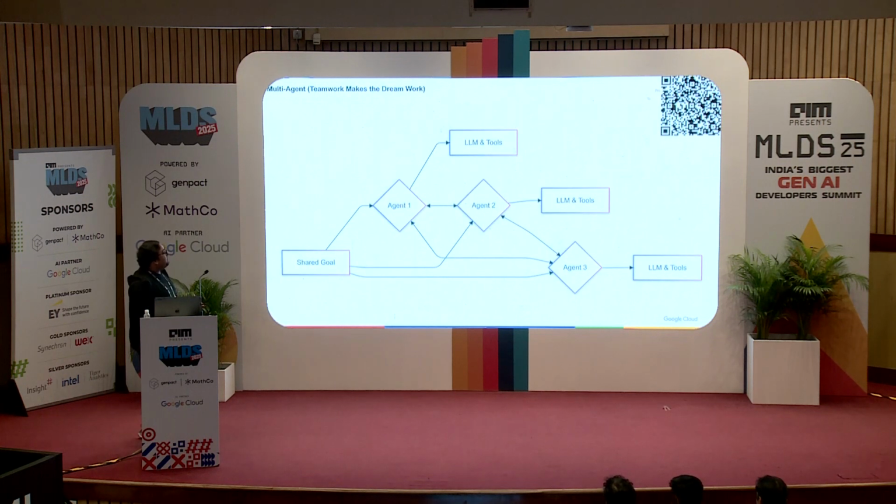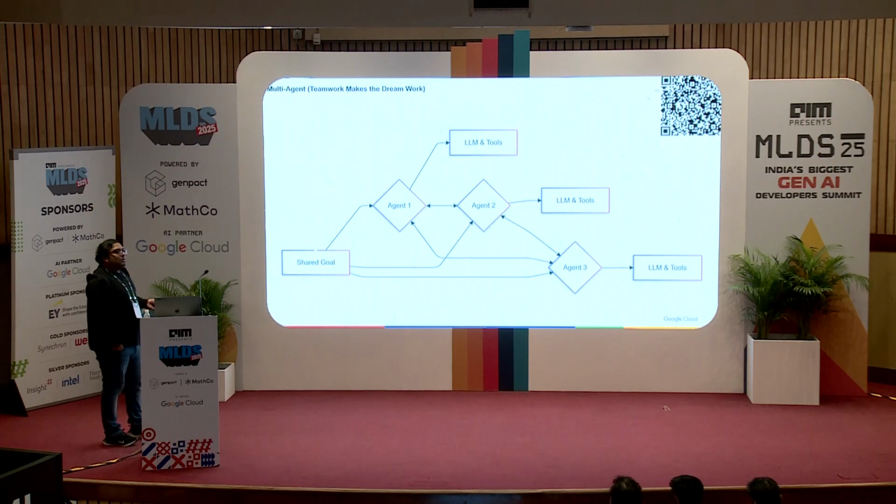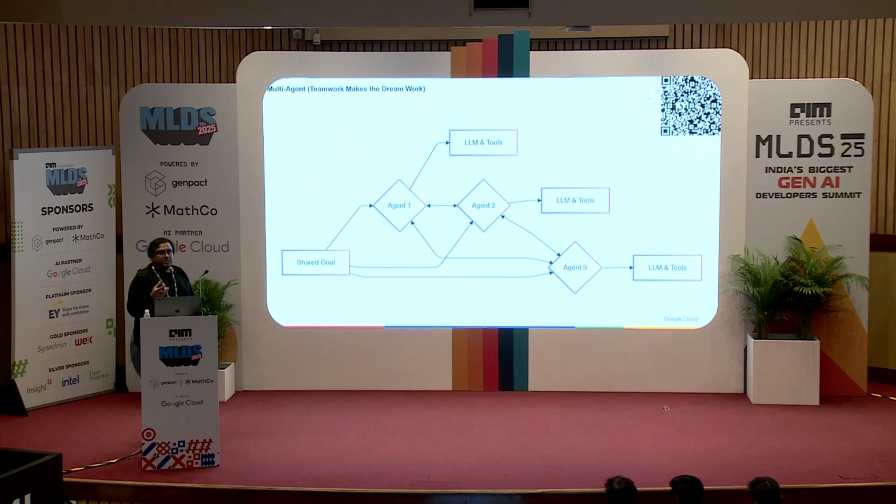Now, when you combine multiple of these together, which means multiple LLM calls, not different LLMs, in this case it will be just Gemini, but different tools for agent 1 and agent 2, and there's a shared goal. You'll have something that you're trying to achieve, and all of these agents share that goal.